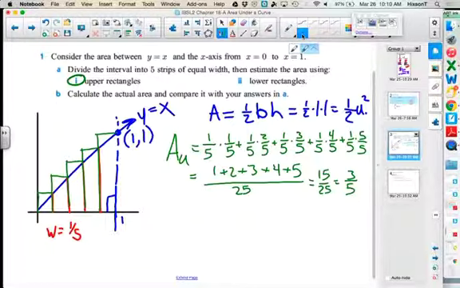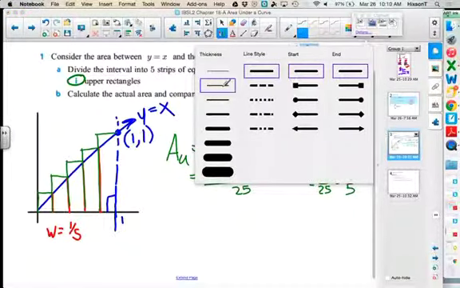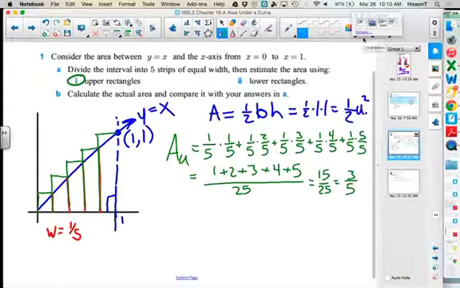Alright. So let's try it again with our lower rectangles. Now look at that first rectangle. What's its height gonna be? 0. Okay. So that's our first one. Then there's our second, our third, our fourth, and our fifth.